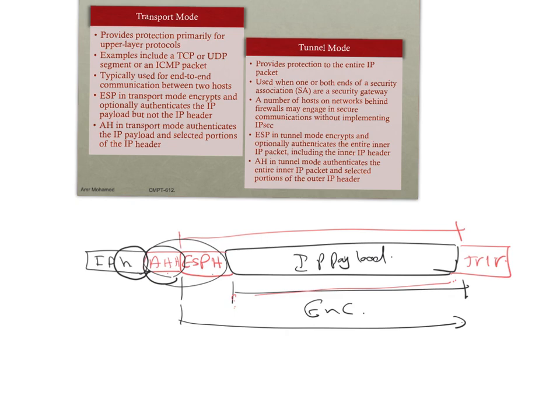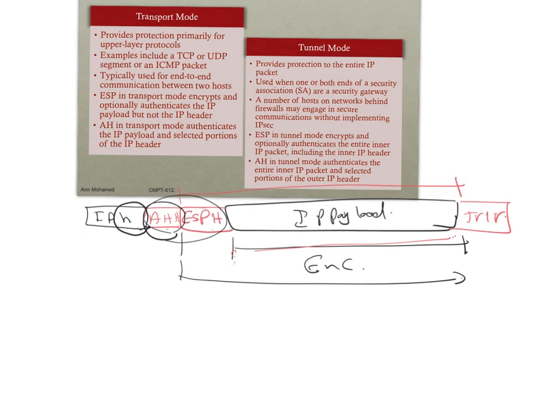The tunnel mode is used for all the other combinations, host to network or network to network. So for host to network or network to network, if we have a host and we have a network, we build a tunnel between that host and the network, and of course the IP at the end of the tunnel will be different from the destination IP, right?